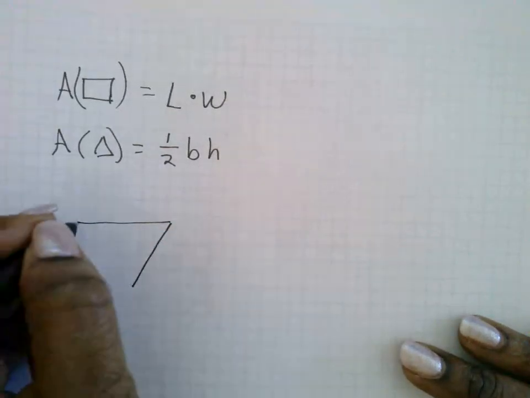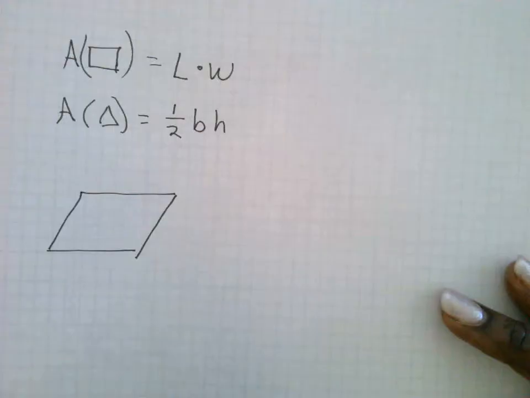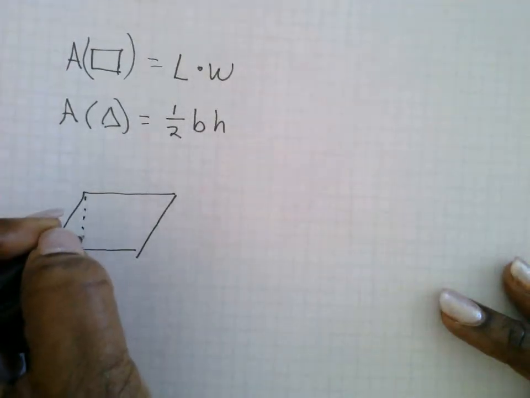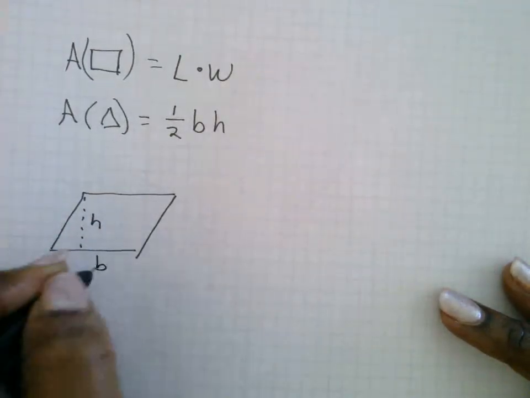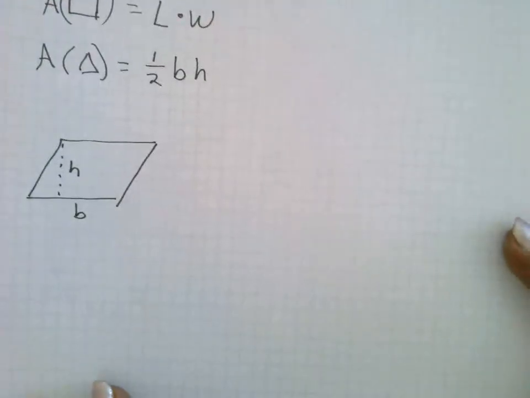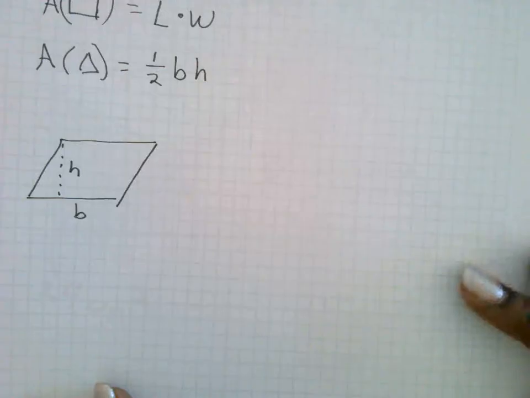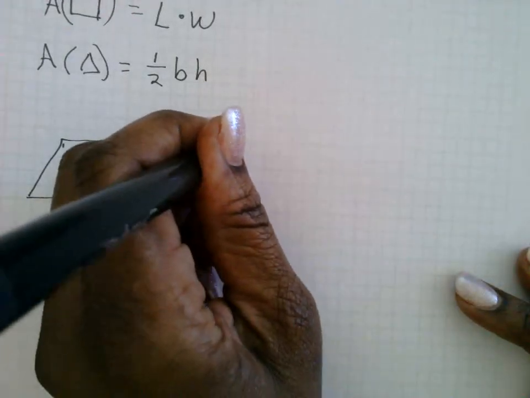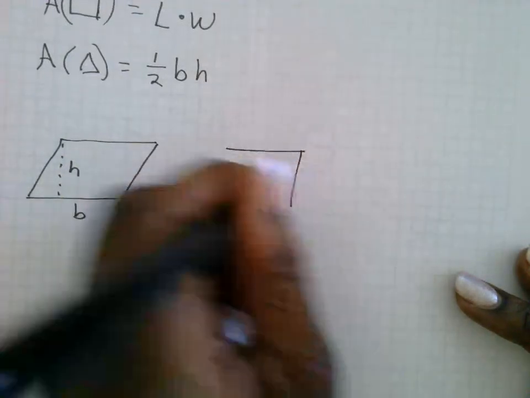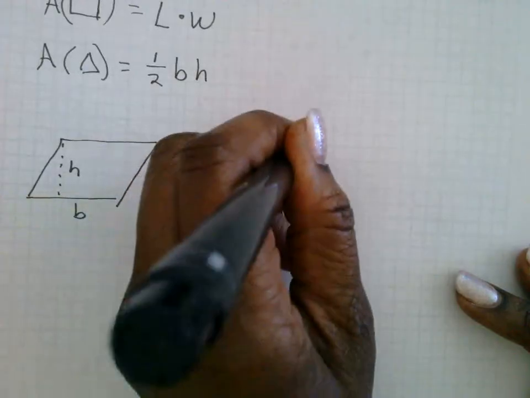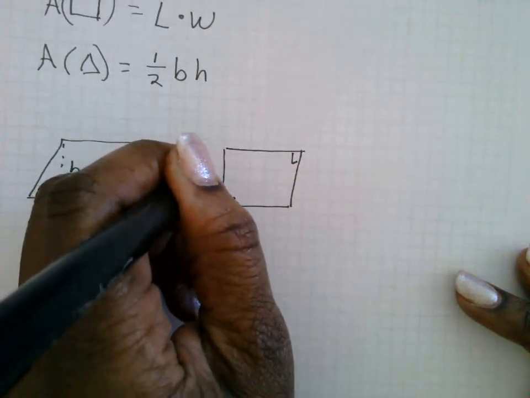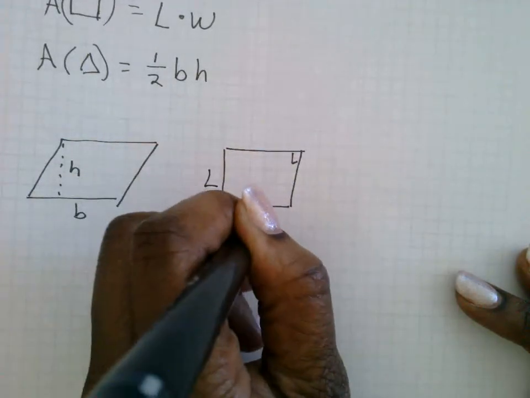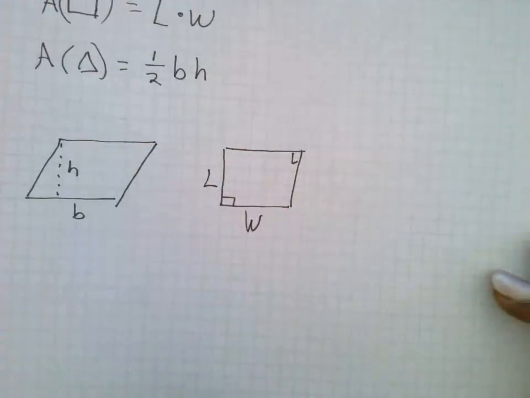This is a parallelogram that has a base and a height. This is a square or a rectangle that has a length and a width.